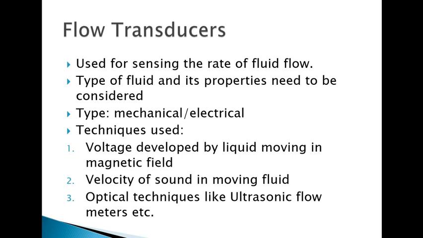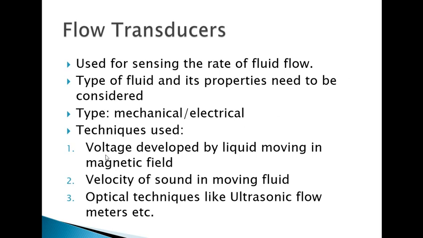But while designing flow transducers we have to see which type of fluid we are using and which type of pipe or material is used for flowing the liquid. So there are a number of techniques which can be used to measure the flow, and some are listed here.